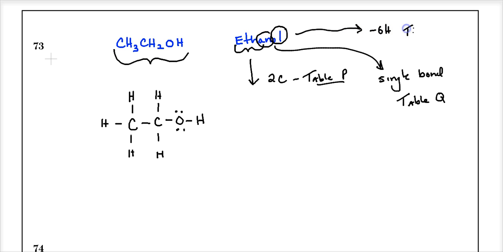And that's from another table that you need, table R. So you could have worked that out as well using your reference tables. P, Q, and R are your friends when it comes to building the formulas or structural formulas or naming these functional group type of organic compounds.